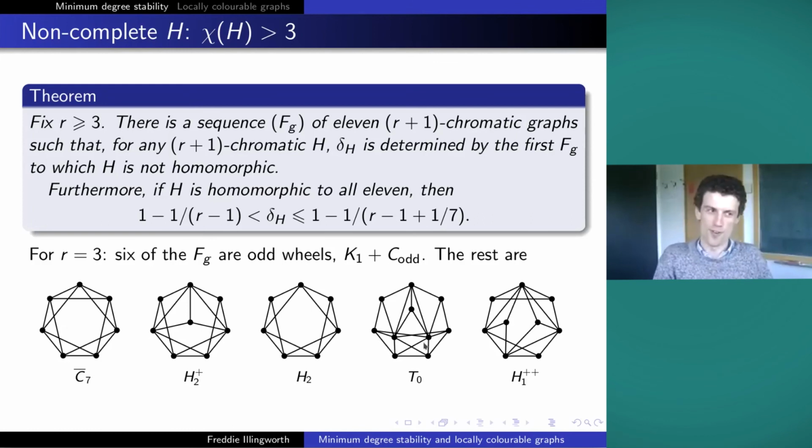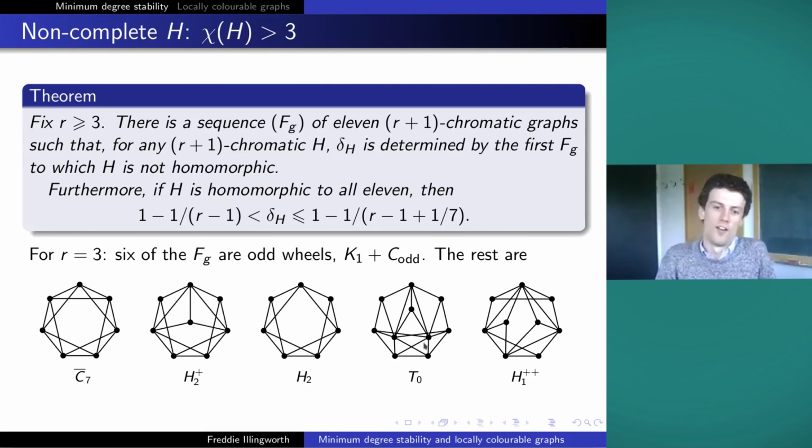That's a product of the proof. I can't quickly explain this. If you imagine you've got a locally bipartite graph with large minimum degree, and you want to show it's 3 colorable, my proof strategy was: assume it's edge maximal. So if I add any edge, it's not locally bipartite. If you add any edge, you create an odd wheel or a K4.